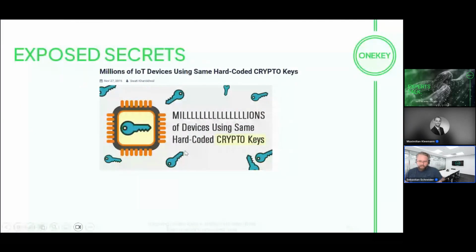So why is it important? Already 10 years ago, a study found that millions of devices are running with the same keys installed by the firmware. If one of these keys is breached, then all the devices are at risk.